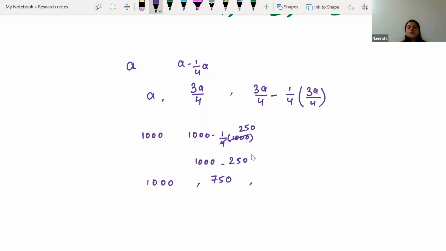Now what about the third number? From the remaining air, one fourth will again be lost from the cylindrical tank. So let's see whether it is cancelable or not.